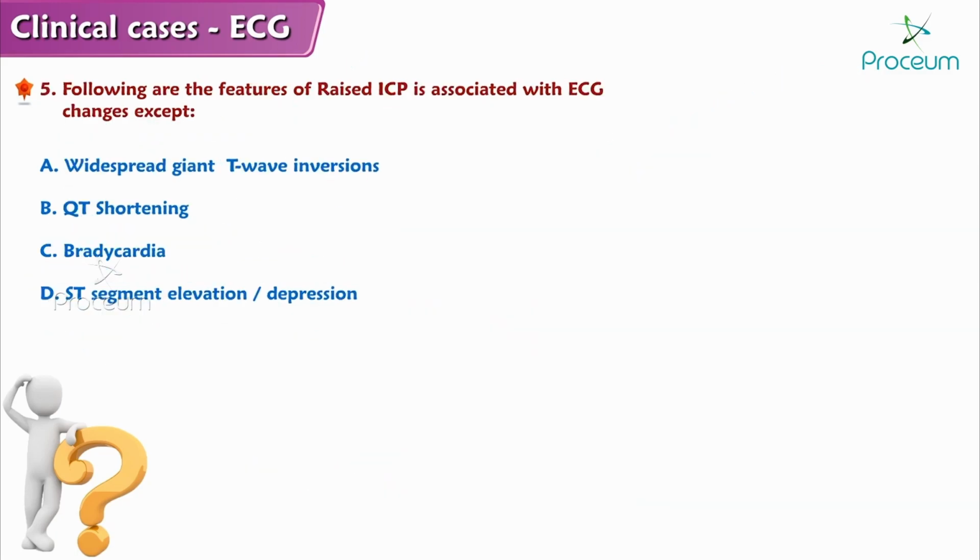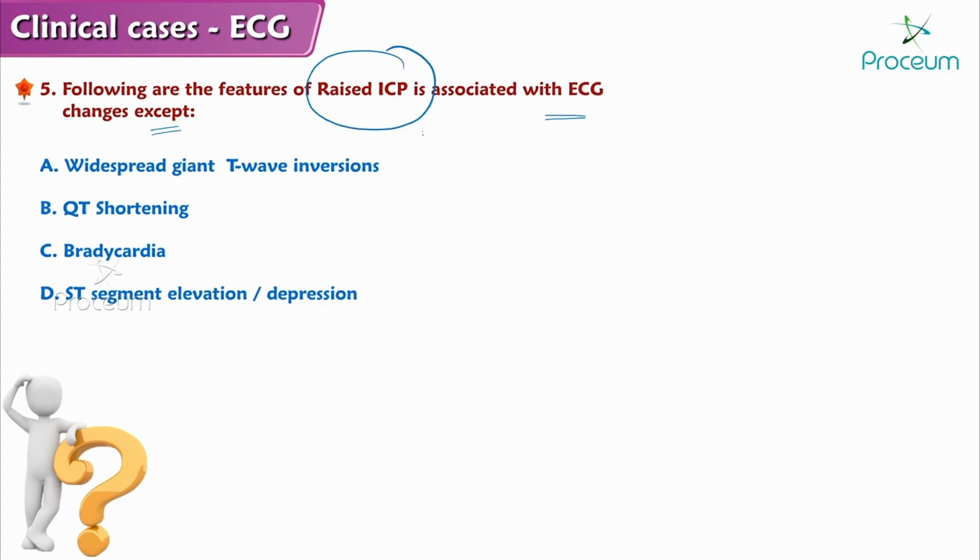Following are the features of raised intracranial pressure that is associated with ECG changes except. Options are widespread giant T wave inversions, QT shortening, bradycardia, ST segment elevation or depression.